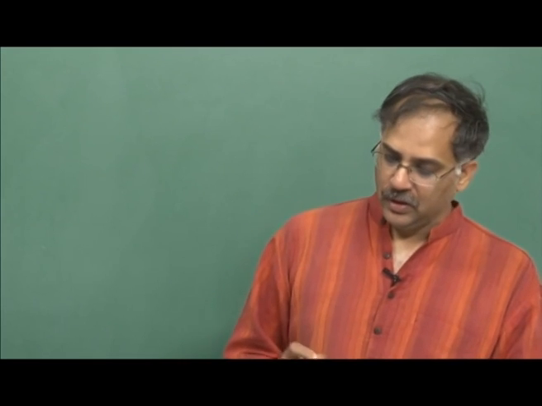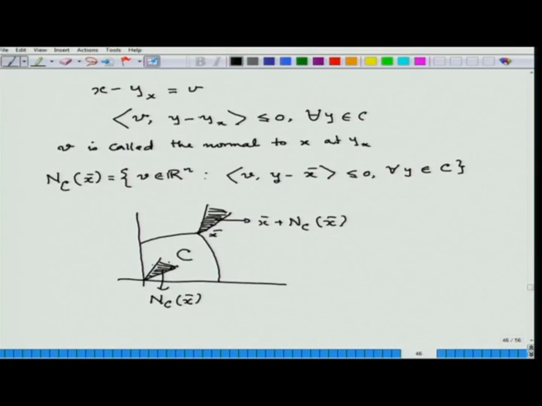Okay. Now, once I know about this, I would have some very interesting calculus about the normal cone, which I will show you, which will help us to do a lot of interesting things, and which would help us to write down certain optimality conditions. Let us go back and slightly complicate the convex minimization problem that we had studied.